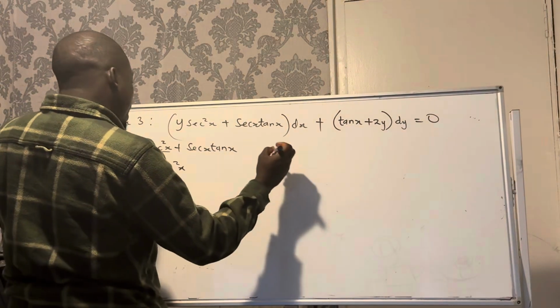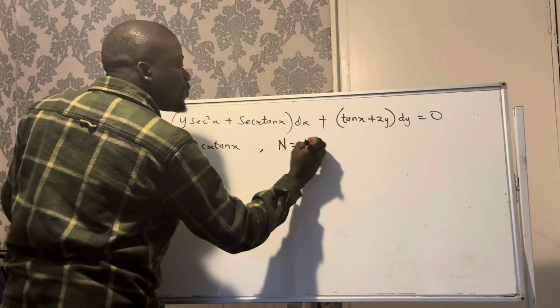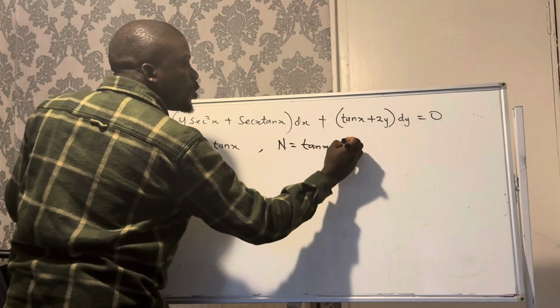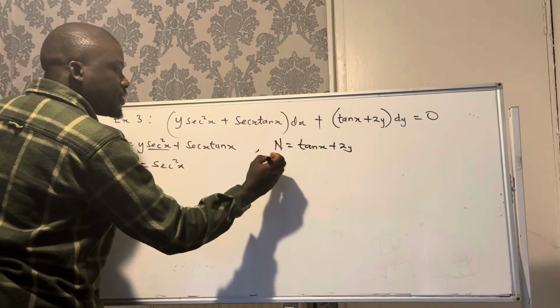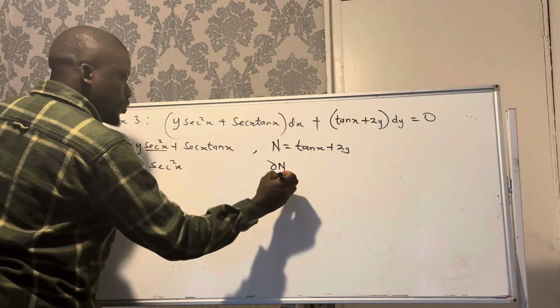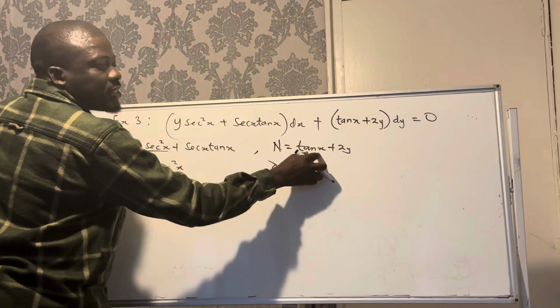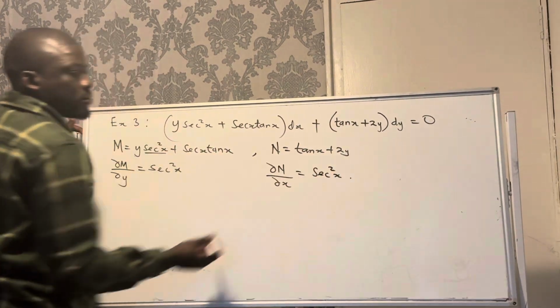Now let's look at our n. Our n equals tan s plus 2y. So we now differentiate n partially with respect to what? With respect to s. Now if you differentiate tan s, you have sec square s.